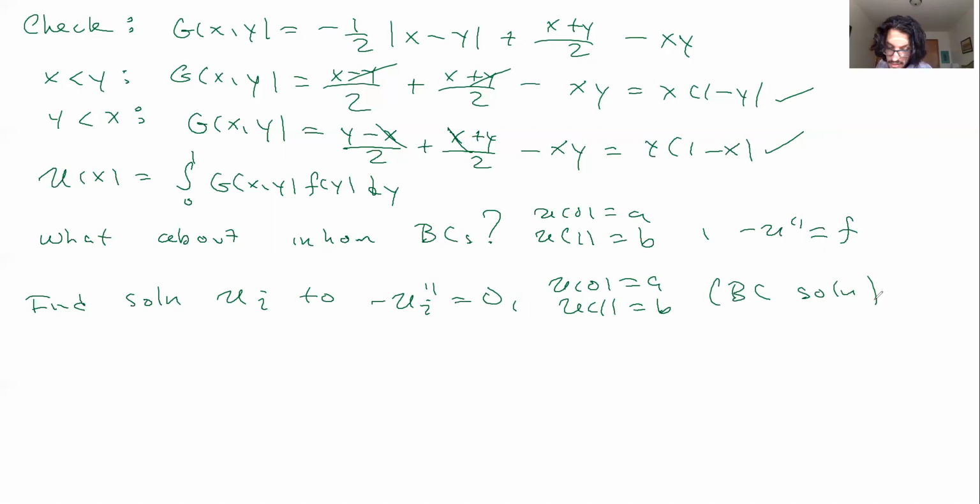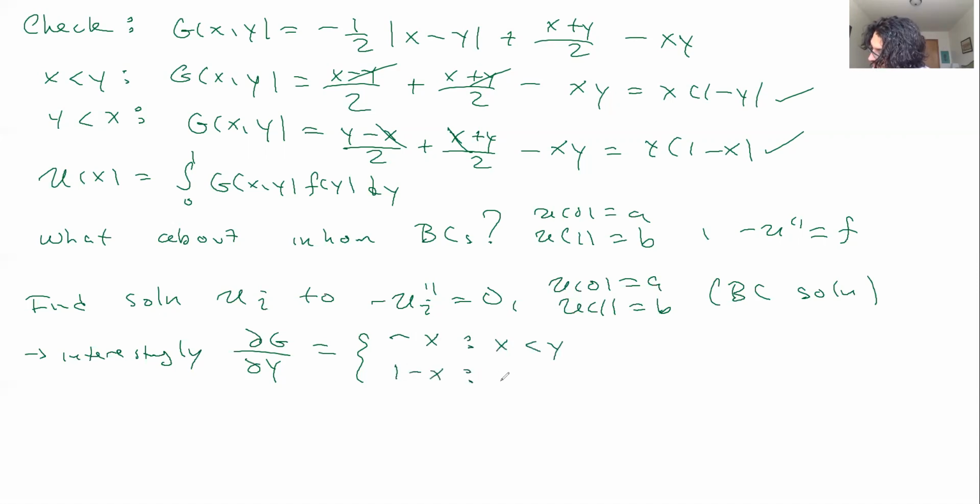Okay. So it's interesting to note that dg/dy, we've already worked out what this is. This is going to be equal to minus x whenever x is less than y, and 1 minus x whenever y is less than x.